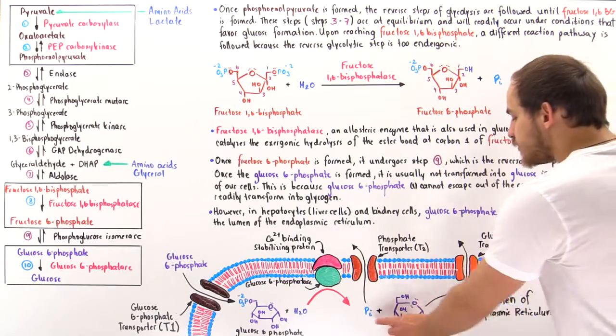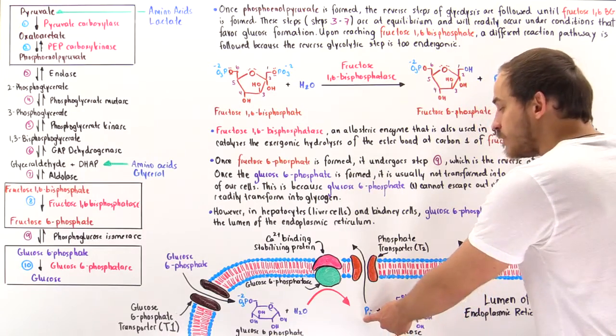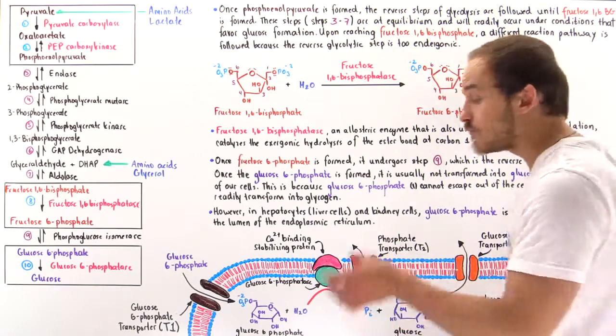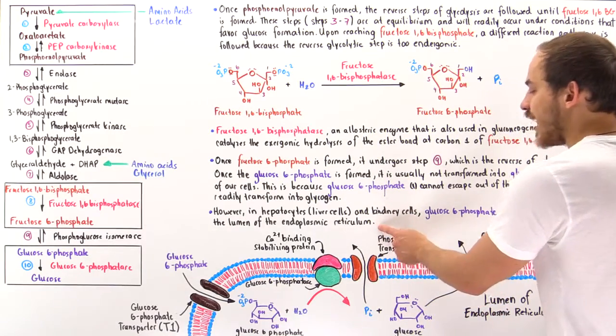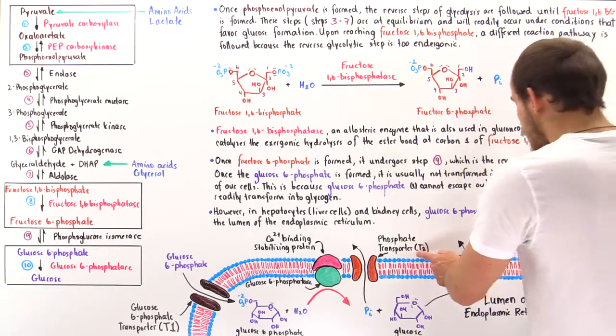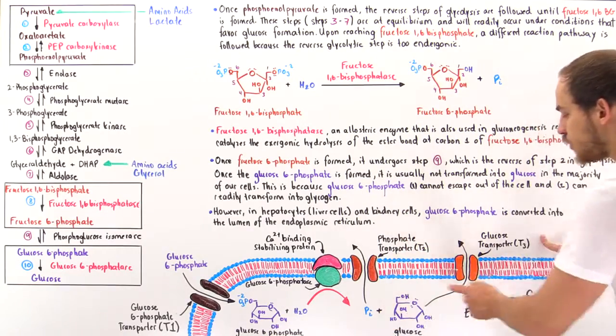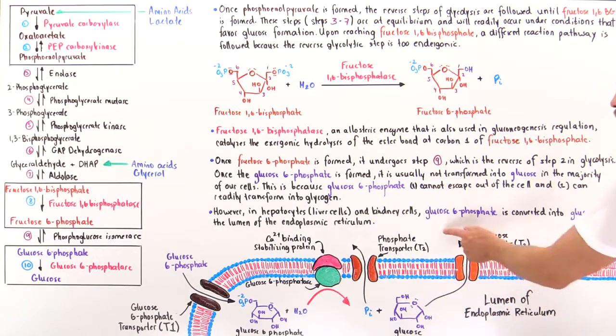And once we form these two molecules, the orthophosphate, inorganic phosphate, uses its own type of membrane transporter to move into the cytoplasm of the cell. So this is the phosphate transporter T2. While the glucose uses its own transporter, known as T3, to move back into the cytoplasm of that cell.